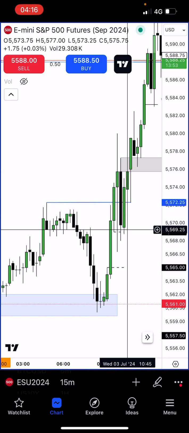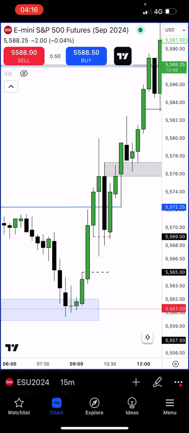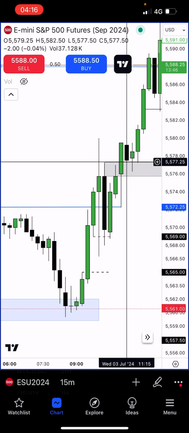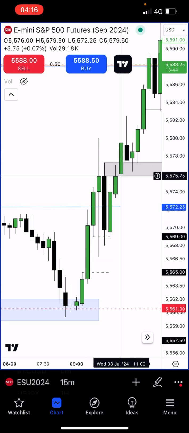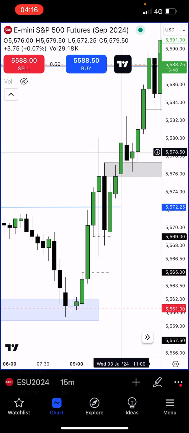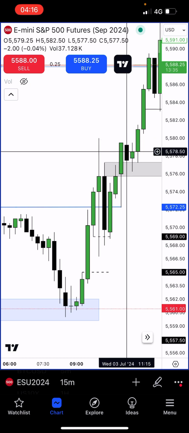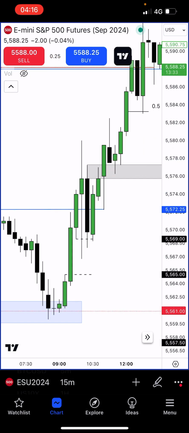So we've retraced with one down close candle, and then we've taken highs out with this bearish shooting star. When you've got that, and you've got that bow, that's going to be the buying signal.